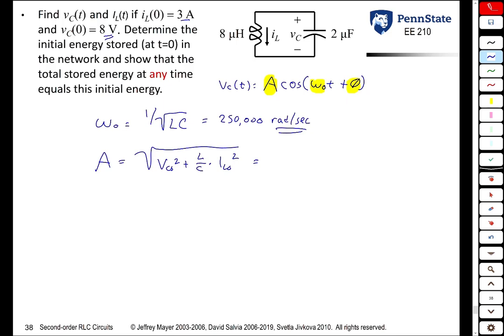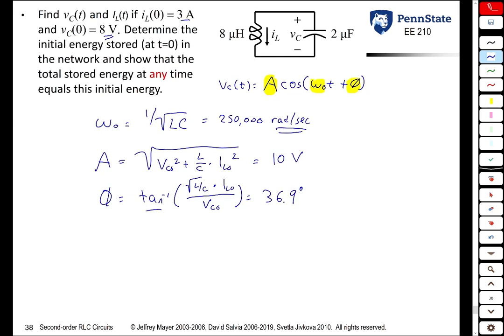You plug in the values for all of these variables, and you get 10 volts. Finally, phi is the inverse tangent of the square root of L over C times the initial inductor current divided by the initial capacitor voltage. This one ends up being 36.9 degrees.